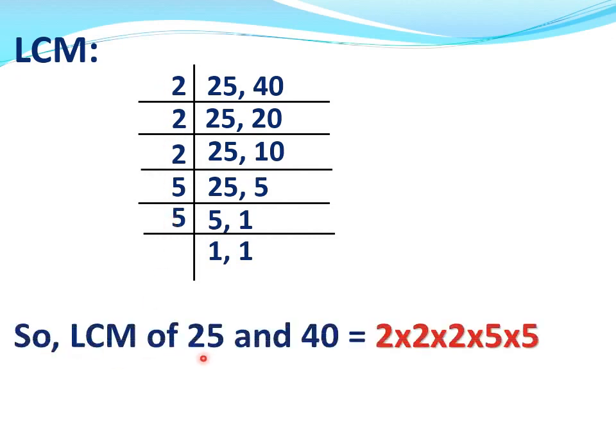So LCM of 25 and 40 equal 2 multiply 2 multiply 2 multiply 5 multiply 5. 2 multiply 2, 4 multiply 2, 8 multiply 5, 40 multiply 5, 200. Write 200 here. Thus 200 is the LCM of 25 and 40.